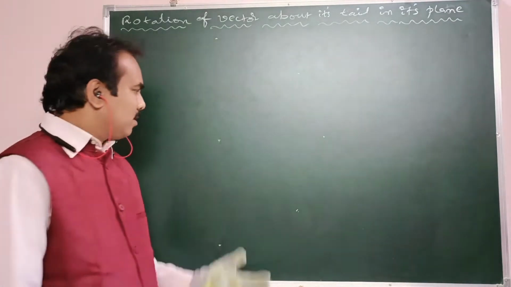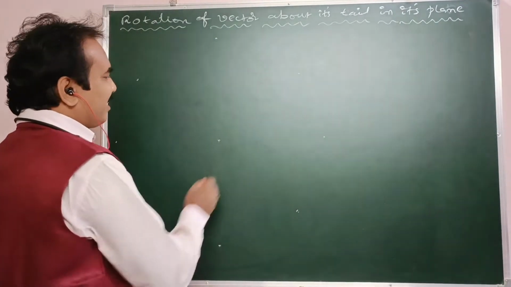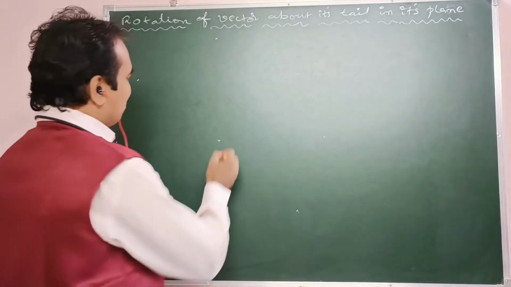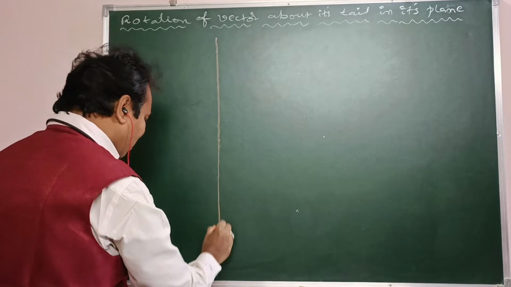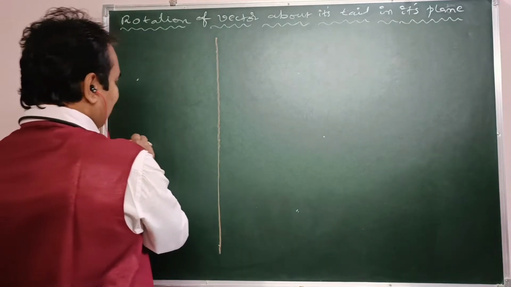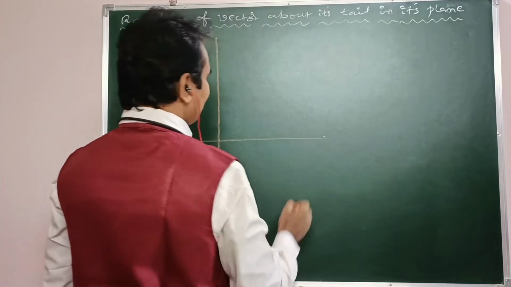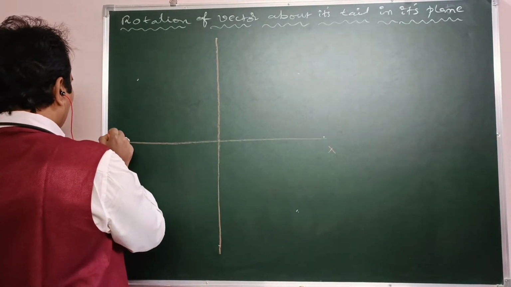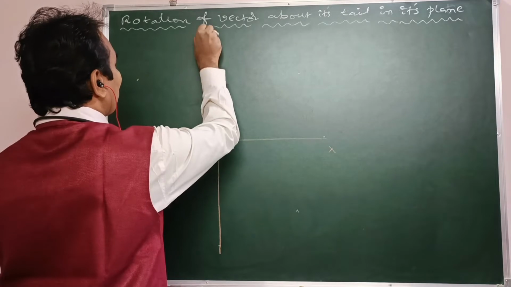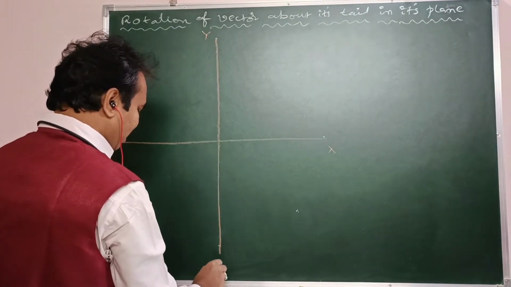Now, I am taking a Cartesian coordinate system as shown. This is the y-axis, this is the x-axis. So positive x, negative x, positive y, here negative y.